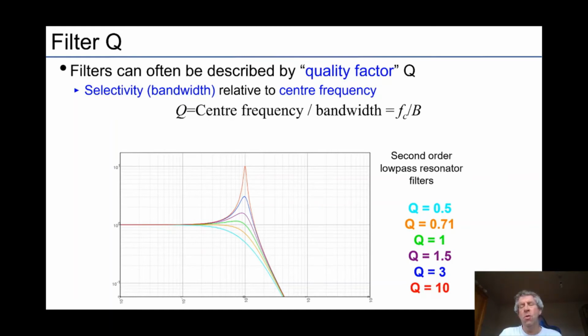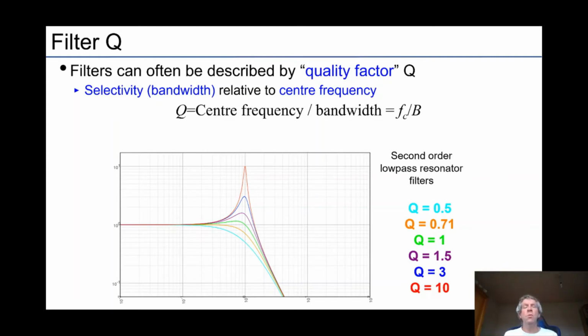And one of the reasons why people work with Q is it's quite awkward if you've got a very low frequency filter, say an audio filter of around 50 Hertz. You would never have a bandwidth of 200 Hertz. But if you had a filter of, say, 12 kilohertz, then a 200 Hertz bandwidth is actually quite narrow.